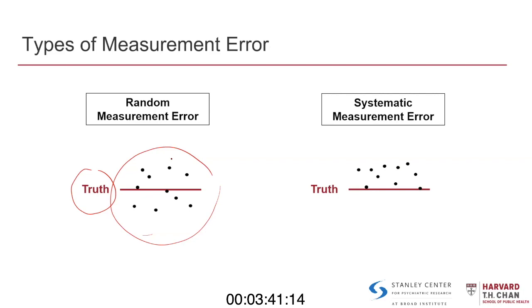Another type of error that we have is systematic error, where the measurement is systematically different from the truth. So we have the truth here, but the measurements are higher compared to the truth. Unlike the random error, where there is really no pattern, in the systematic error, they are systematically different. This could be the case where you have a blood pressure measurement, for example, that always gives a blood pressure 10 millimeters of mercury higher compared to the actual blood pressure.